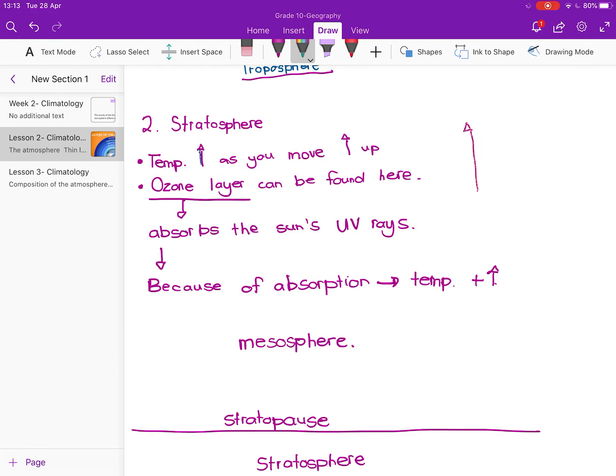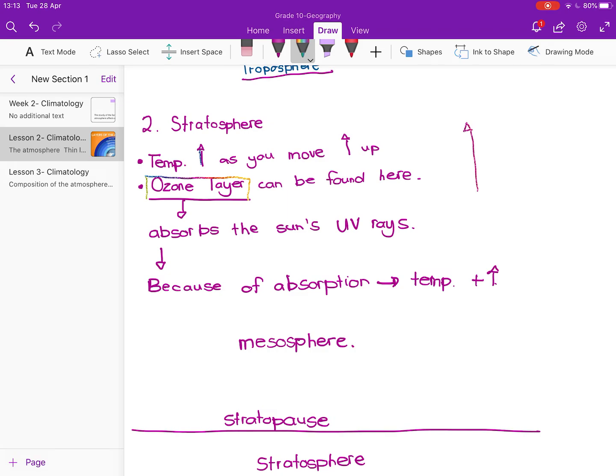In this layer, we can find something called the ozone layer. So you have maybe heard of the ozone layer based on pollution, or when they say we are destroying the ozone layer, so we are destroying our Earth. It is pretty much true, because the ozone layer helps to absorb the sun's UV rays.